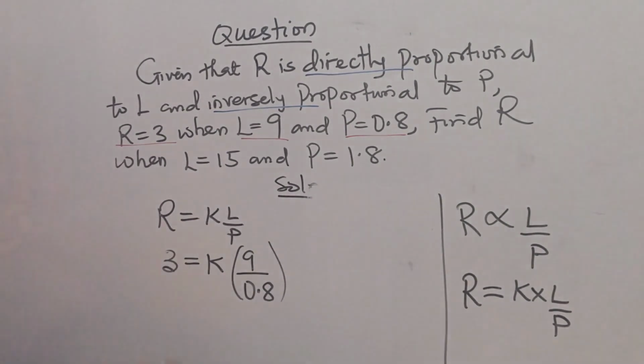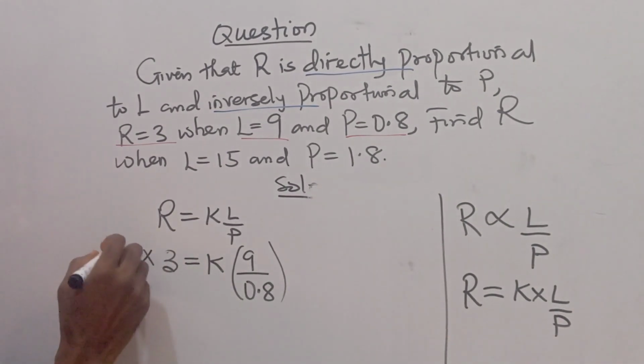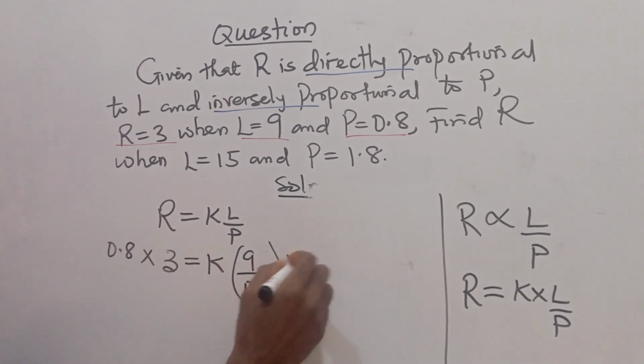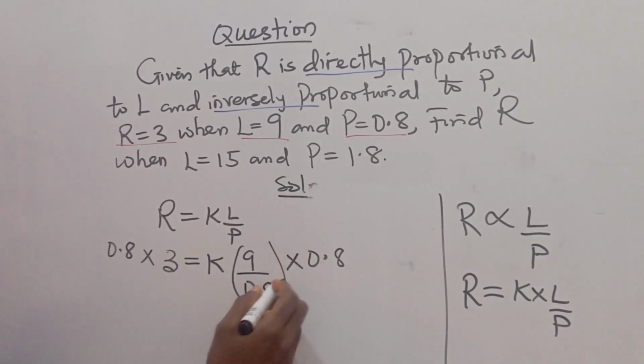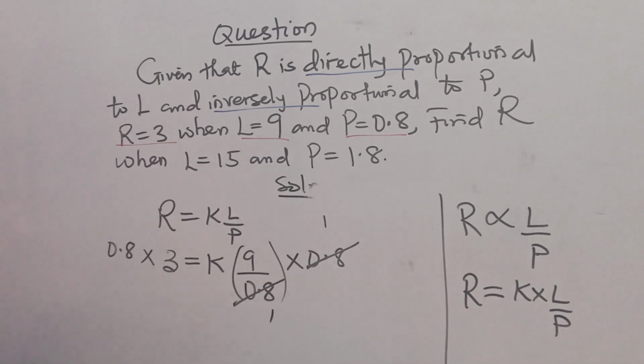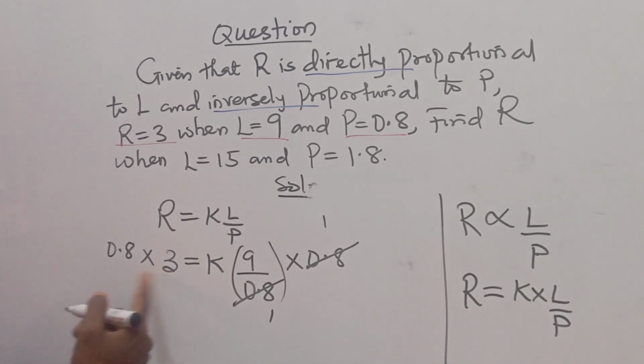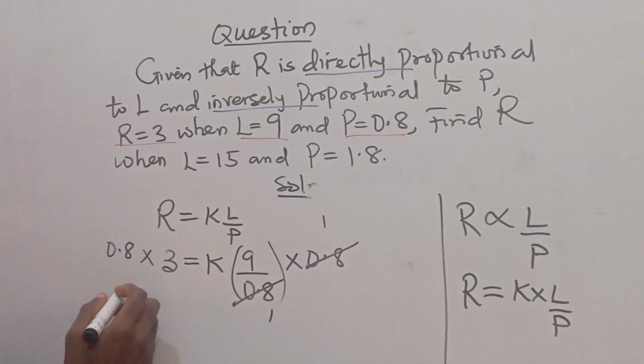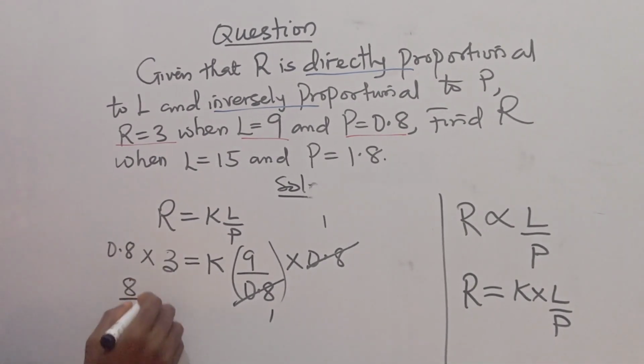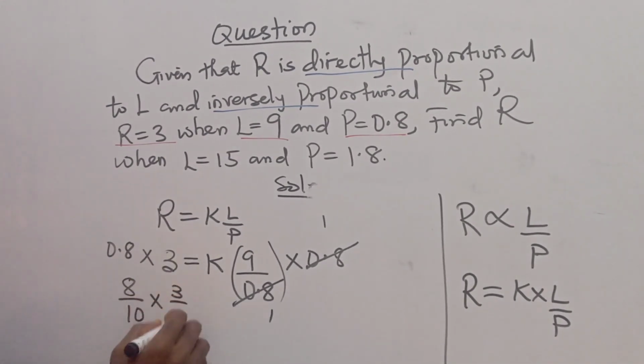First, I want to multiply here by 0.8 and here by 0.8. So this will strike out, this is 1. We can write 0.8 in fraction as 8 over 10, times 3 over 1.